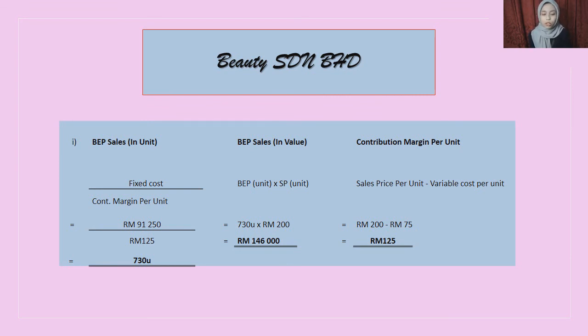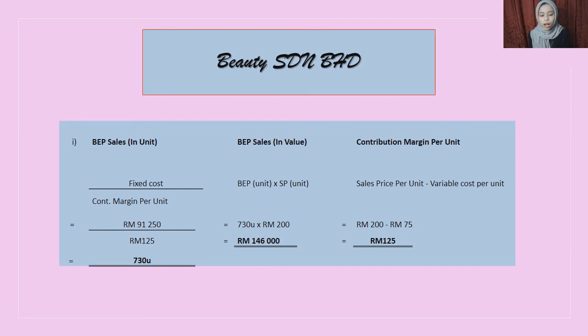The contribution margin per unit formula is the sales price per unit minus the variable cost per unit, which in this question is already provided. The sales price is 200 and the variable cost is 75 ringgit. So 200 minus 75 ringgit, and we get a total of 125 ringgit.